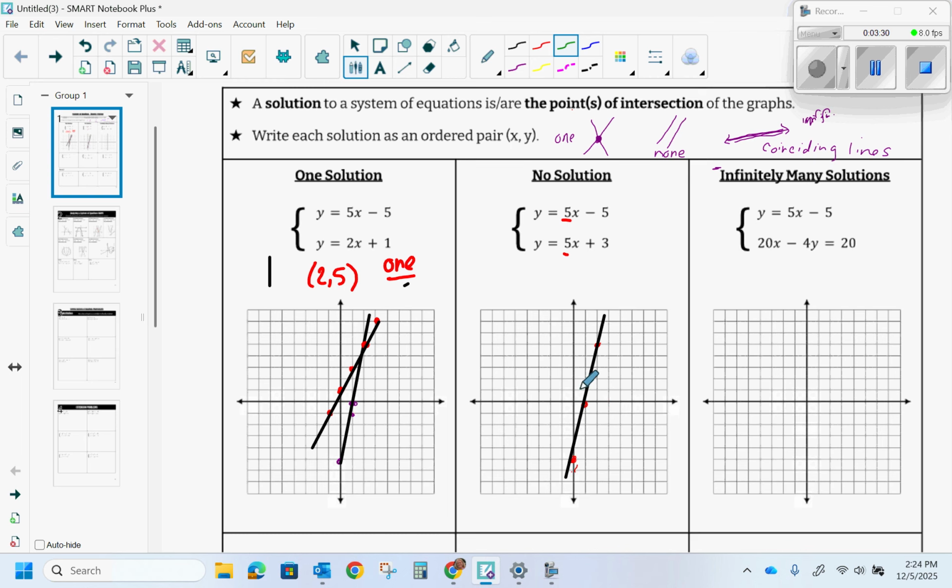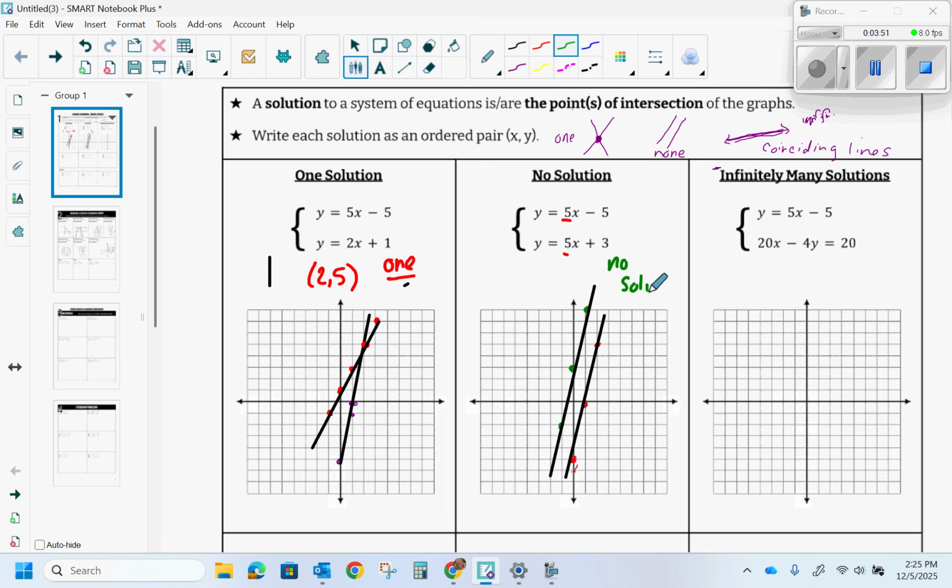And then we'll graph the 5 over 1. So you can see here, if I go to connect these, well, I kind of missed the points, but you see they're parallel. Okay, so this has no solutions.